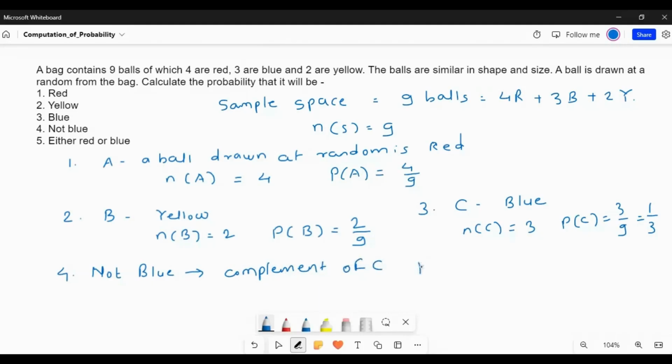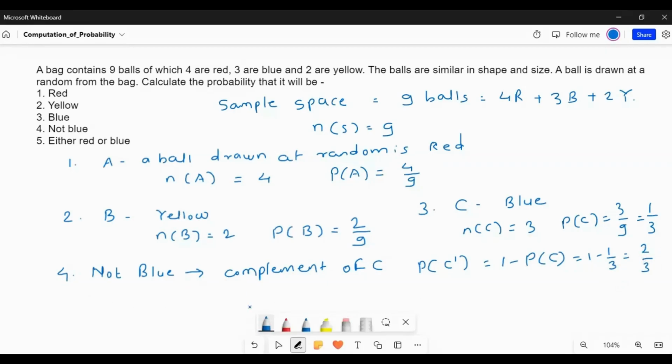So probability of C dash, meaning complement of C, is equal to 1 minus probability of C, then 1 minus 1 by 3. So this is 2 by 3. So my probability of not getting a blue ball is 2 by 3.